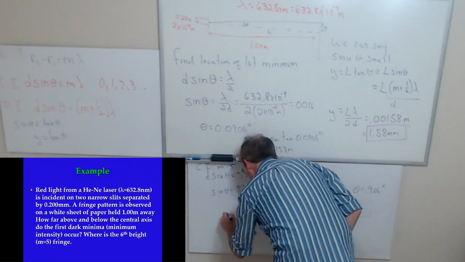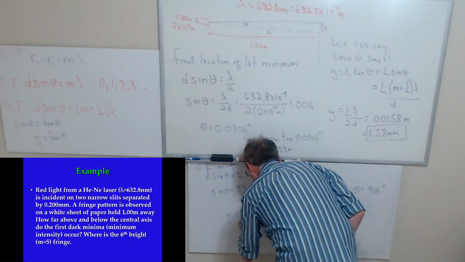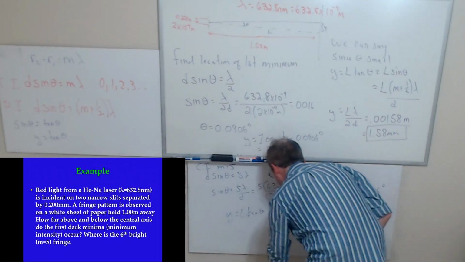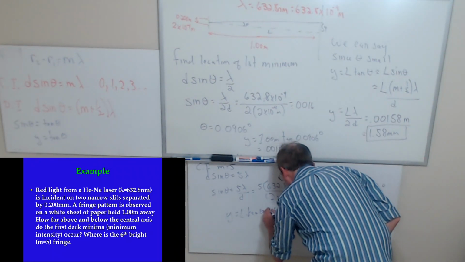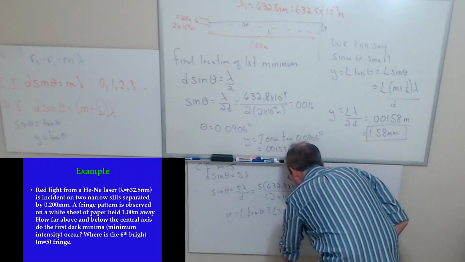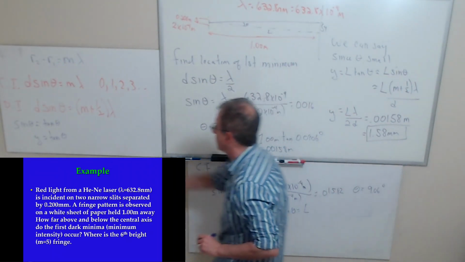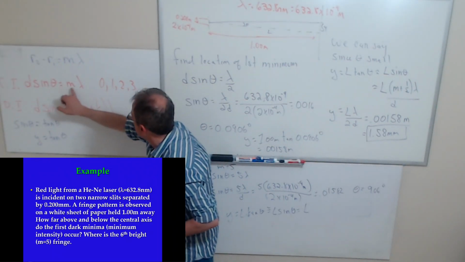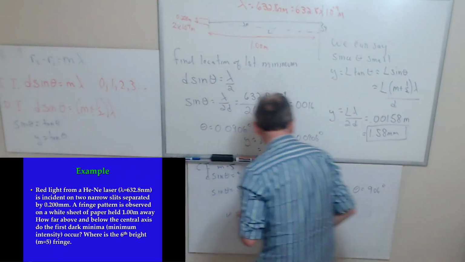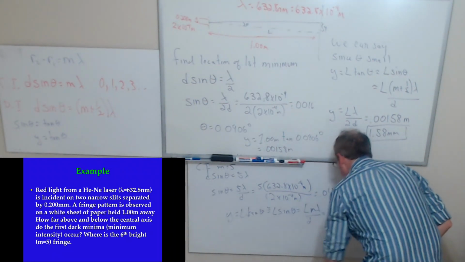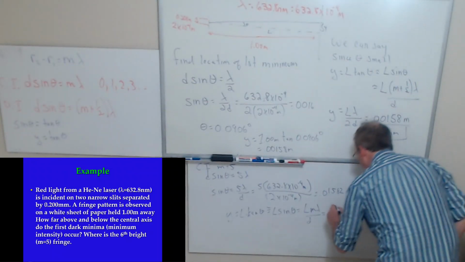And then remember, sine of theta is just m lambda over d. But m is 5.